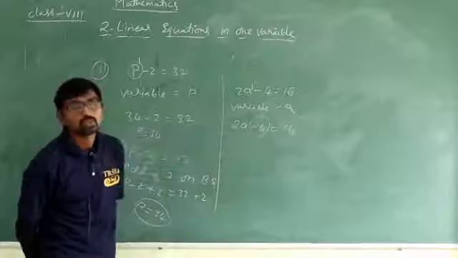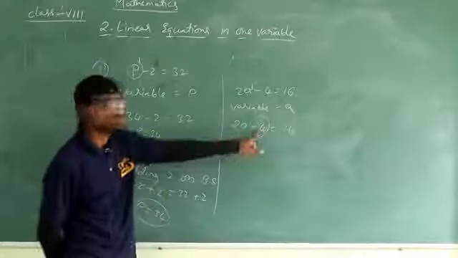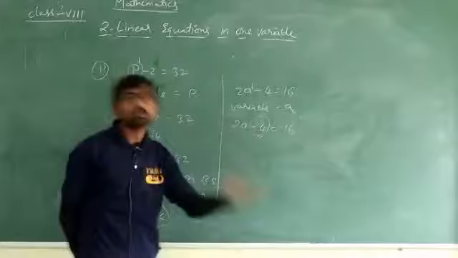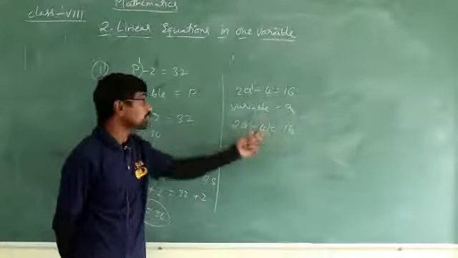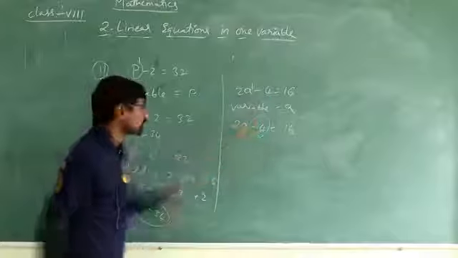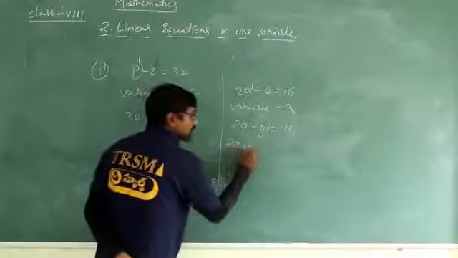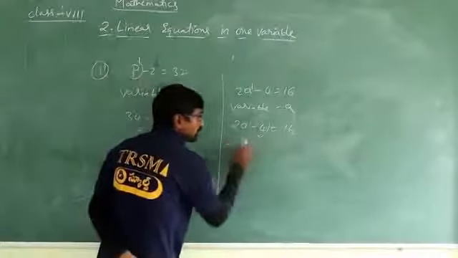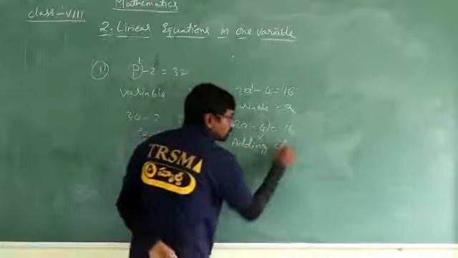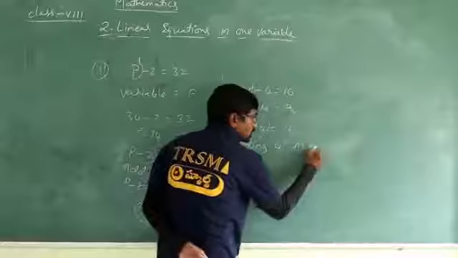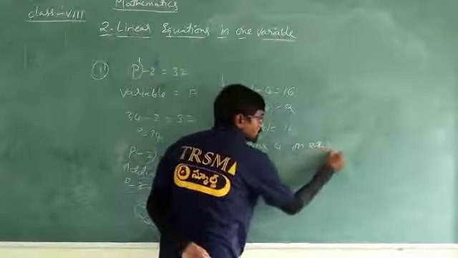For removing minus 4, I have to add plus 4, isn't it? If I add plus 4, then plus 4 and minus 4 will become 0. So here, adding 4 on both sides.